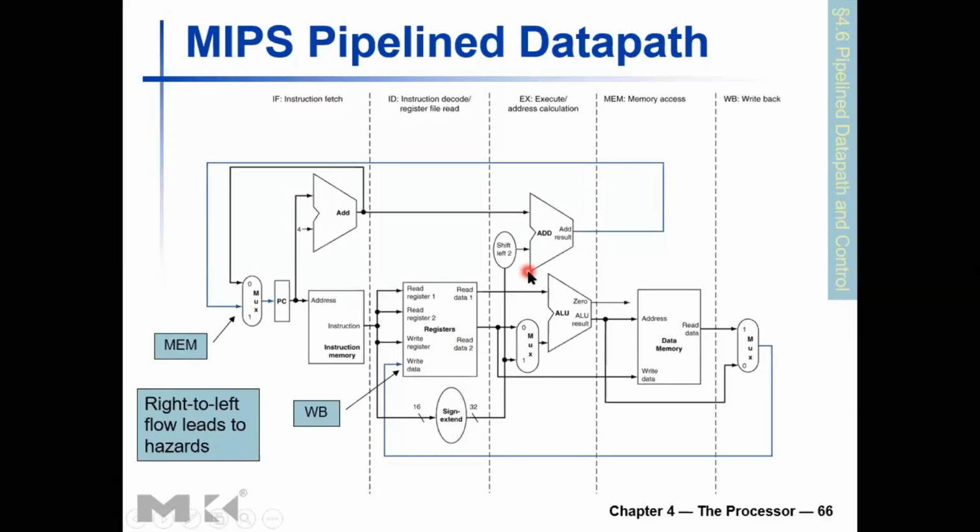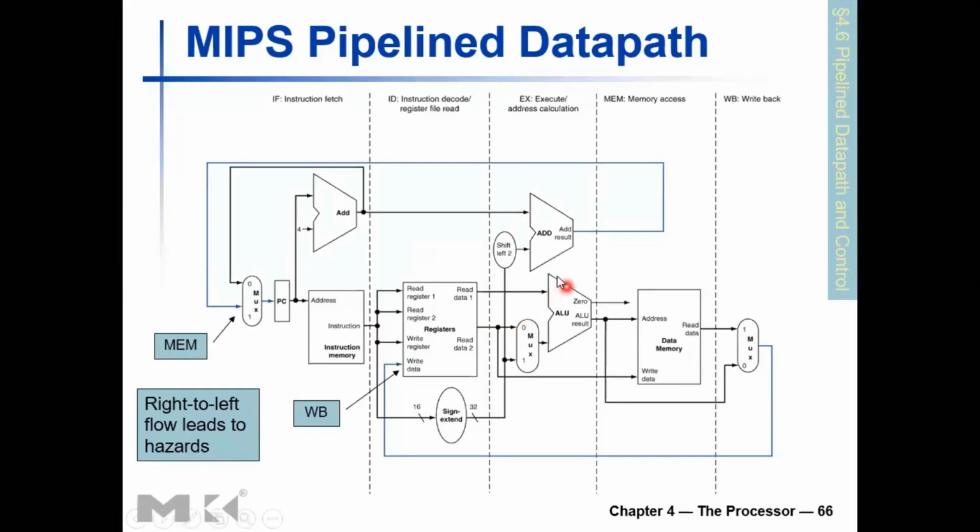When you go to the third stage, execution, the main piece of hardware is the ALU, which performs the correct operation on either 2 register operands or 1 register operand with 1 sign extended immediate operand. And of course, you need a multiplexer to select between the 2 different types of operands, register or immediate.